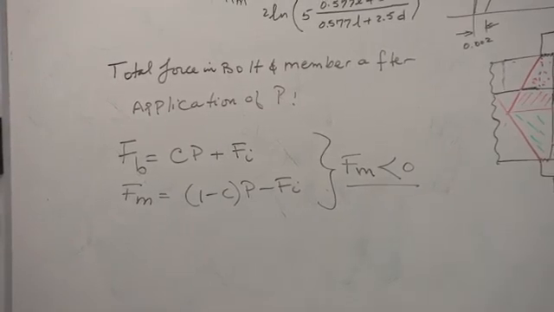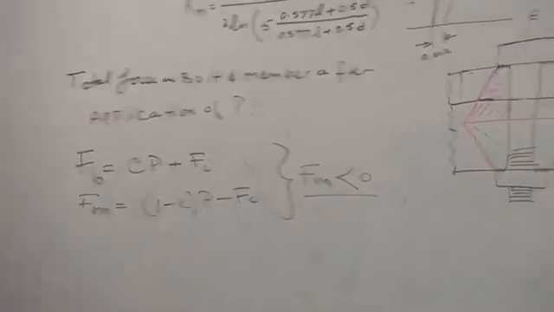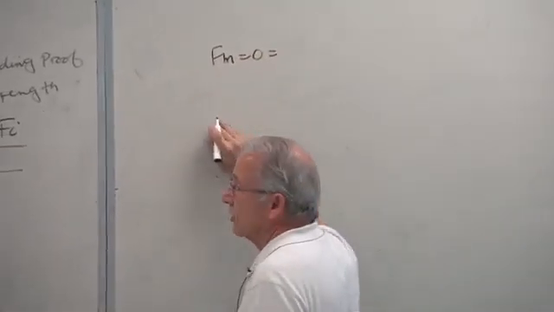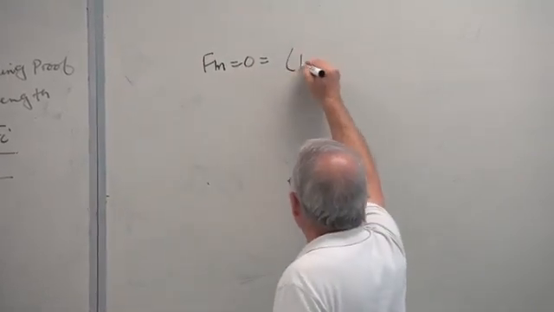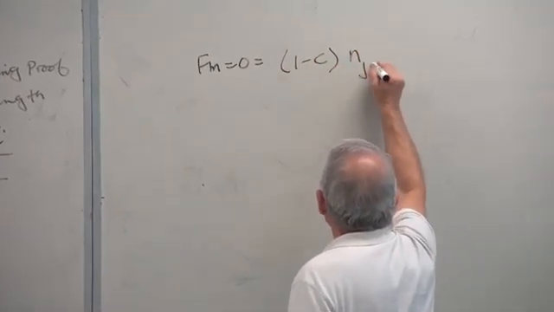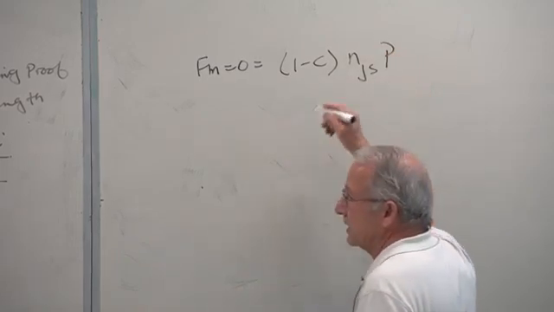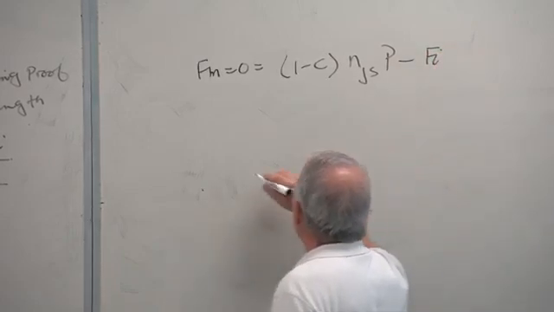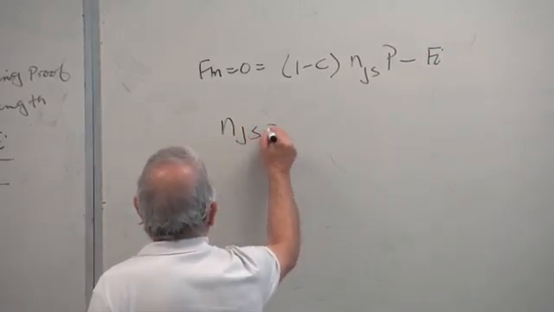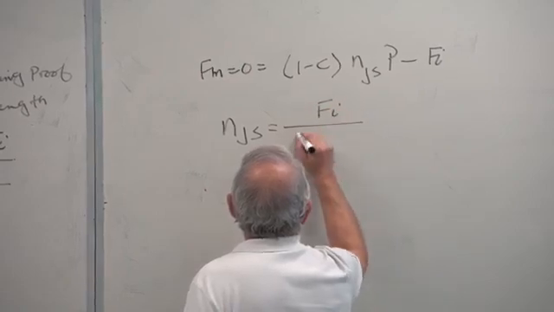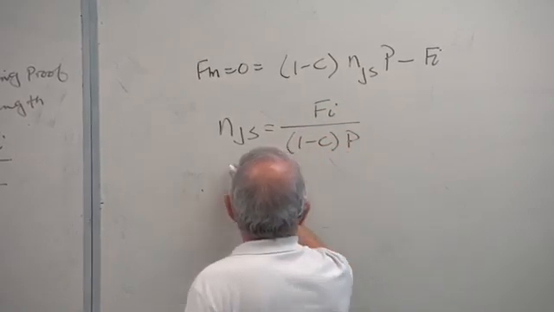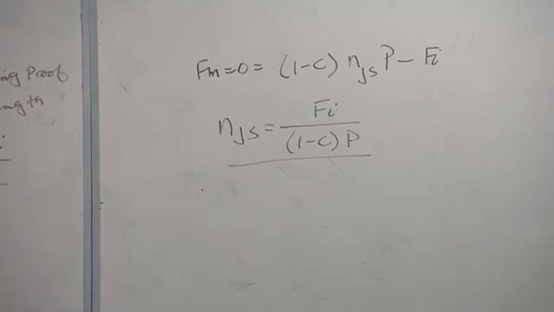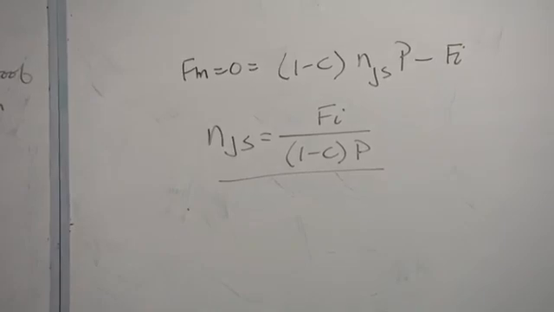So we write that like this. Fm equals 0 equals 1 minus C times NJS times P, that's the factor against joint separation, minus Fi, and we solve for NJS. Fi over 1 minus C times P. These are the two static load factors or factors of safety that we use. Static ones, of course.